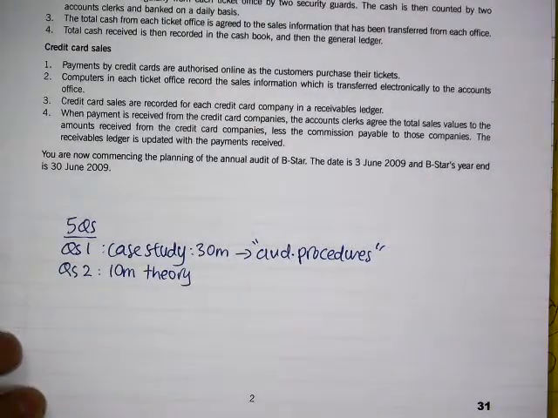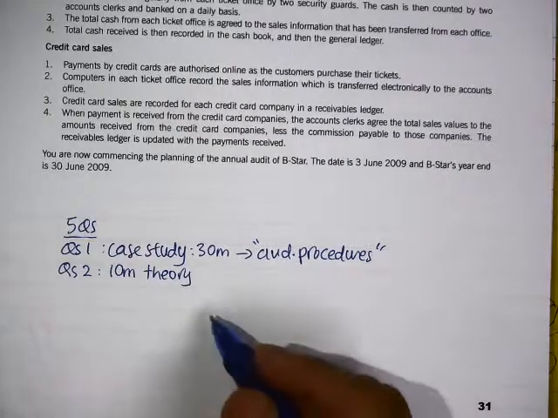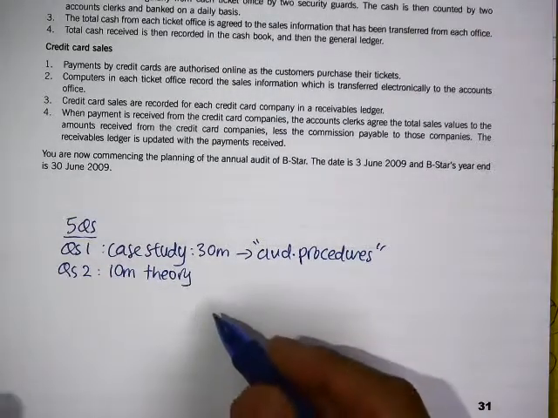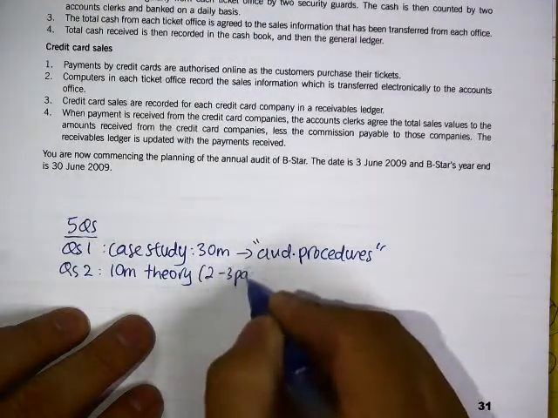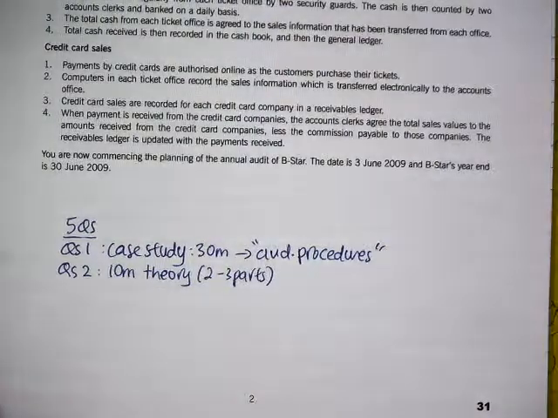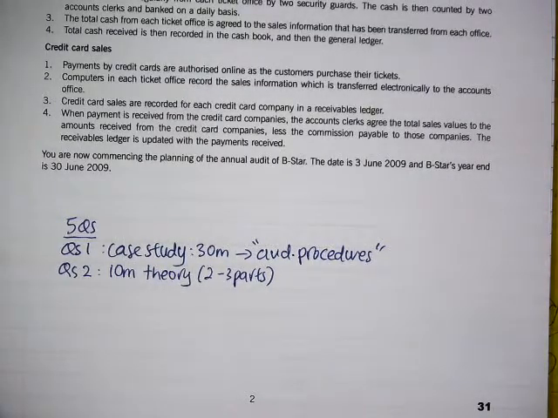The so-called theory is they will ask things like the standards, regulatory framework, these kind of things. You expect there are quite a few small parts, 2 to 3 parts, like maybe 3 mark, 3 mark, 4 mark, 5 mark kind of question.